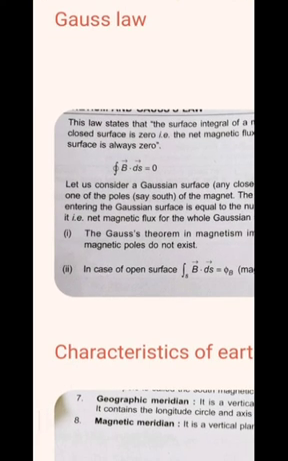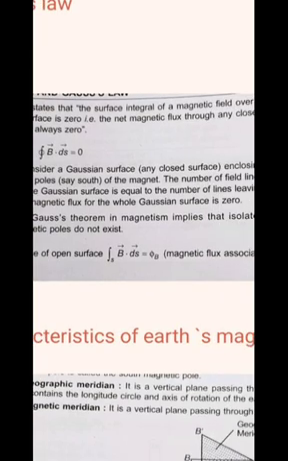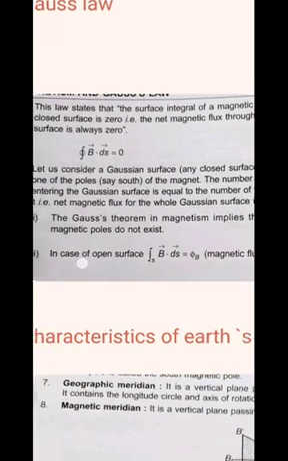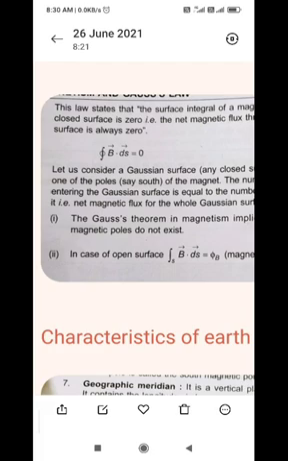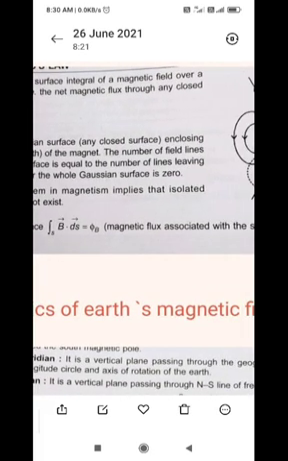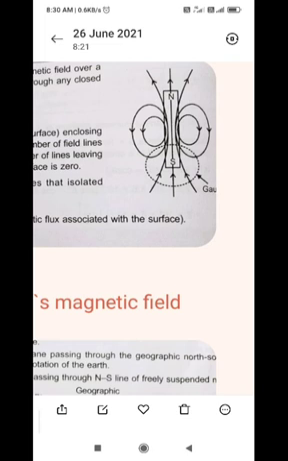Let us consider a Gaussian surface, any closed surface that encloses one of the poles of a magnet. The dashed line is the Gaussian surface, and it encloses the magnet. So the number of field lines entering the surface and leaving the surface are equal.